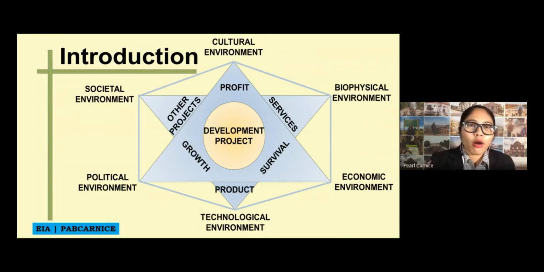At the same time, all these factors in the development project will, in one way or another, affect our cultural environment. For example, a rural area transitioning into a city area, of course, in one way or another, the cultural environment will be affected.